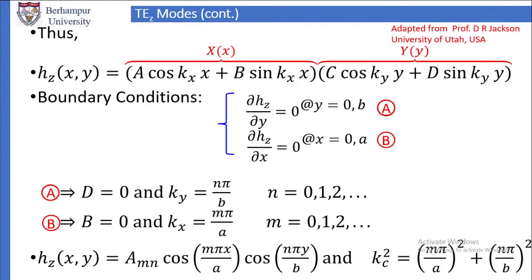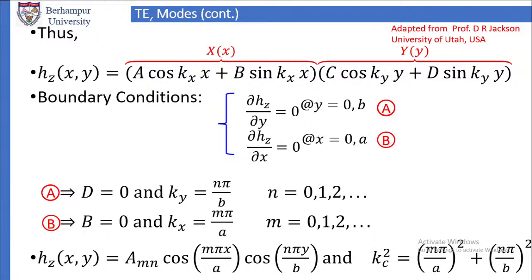So capital X is of the form A cos kx x plus B sin kx x. Similarly, capital Y is of the form C cos ky y plus D sin ky y. And these are the two forms of the solutions.